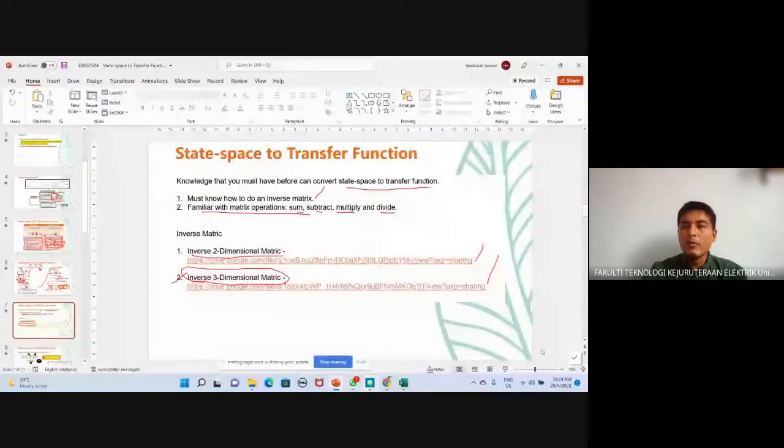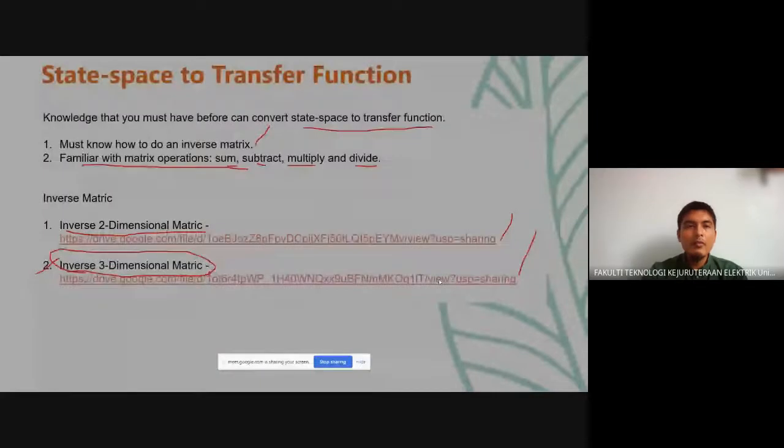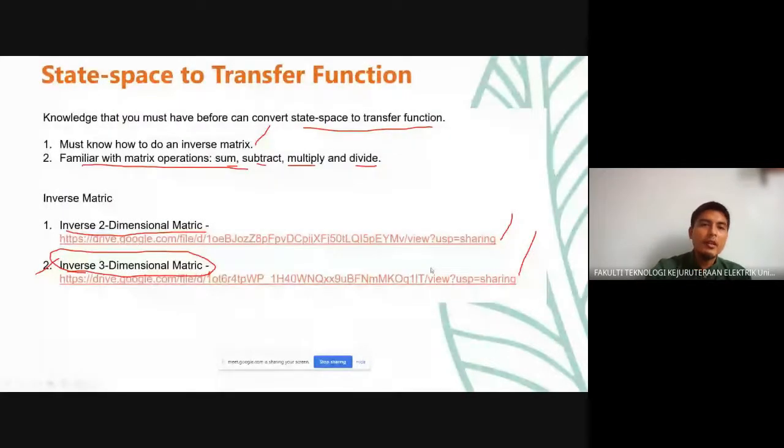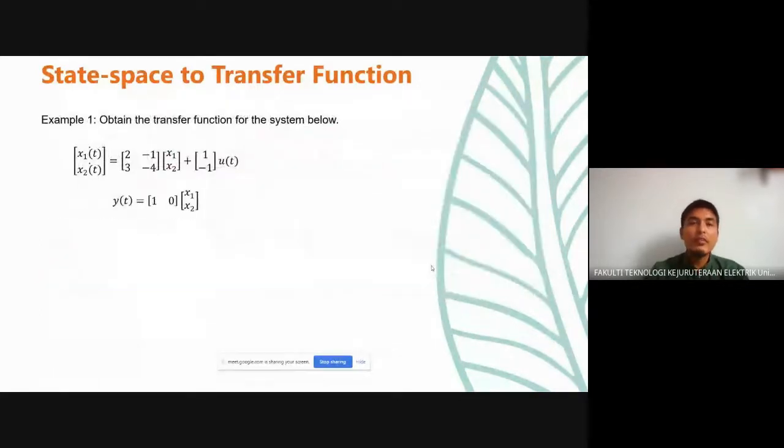Okay, so we already showed you how to do the inverse matrix for the 2-dimensional and 3-dimensional matrix. So now we go to the example. Obtain the transfer function for the system below.